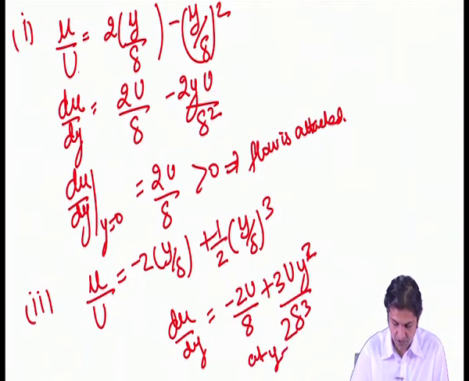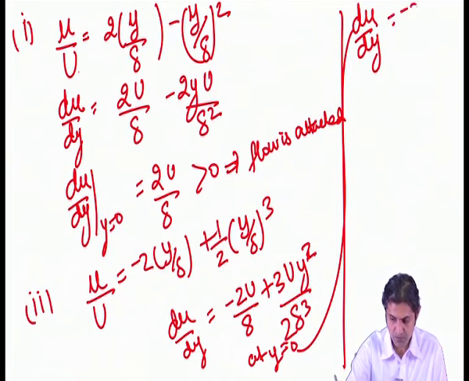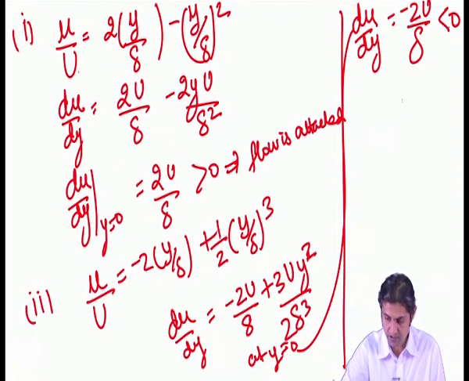At y equal to 0, du/dy is going to be minus 2u/δ, which is less than 0, which means separation has occurred.